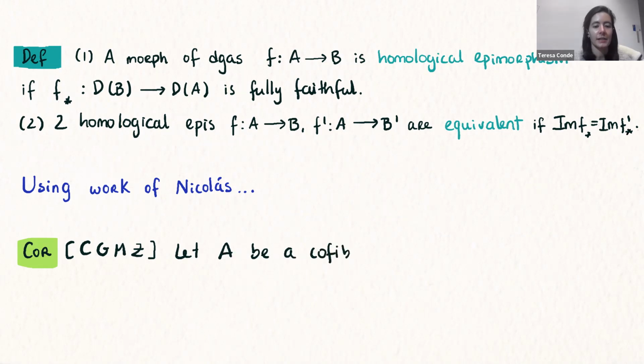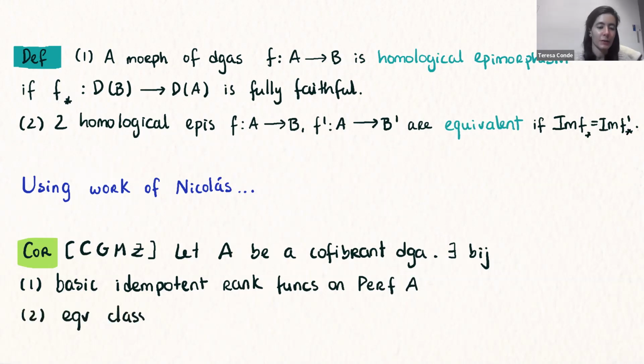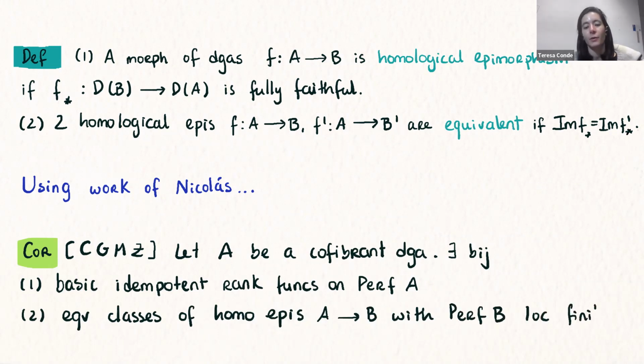So in this case, let's assume that A is some cofibrant DG algebra. And we get then a bijection between basic idempotent rank functions on the perfect derived category of A, and equivalence classes of homological epimorphisms from A to B, where the category of perfect DG B-modules is locally finite.